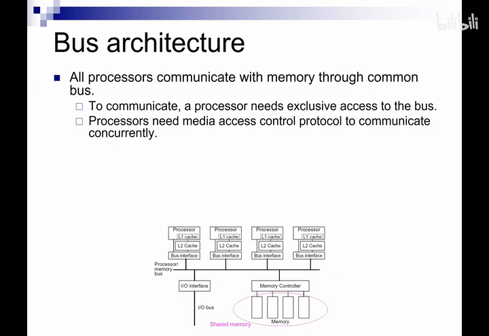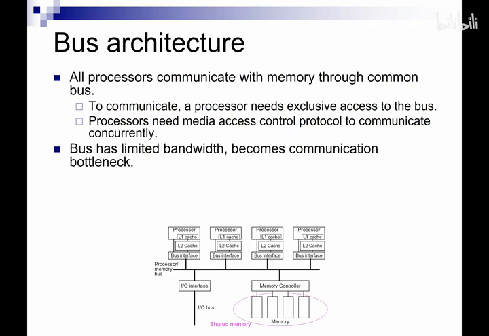In order to communicate, a processor needs to get access to this bus, and once it gets access, all of the other processors cannot use the bus. So the processor needs exclusive access, and you need some sort of conflict resolution between the processors. If all of them want to communicate, you have to pick an ordering, because only one of them can use the bus at a time.